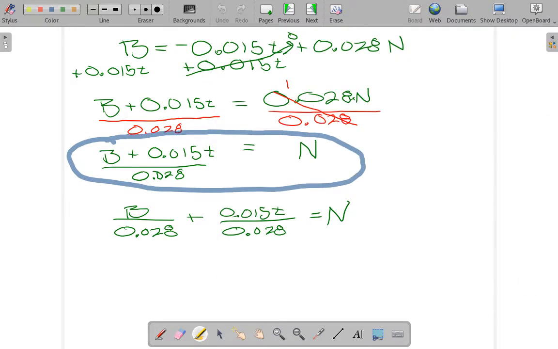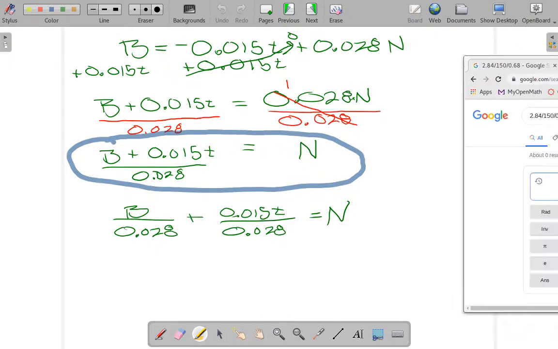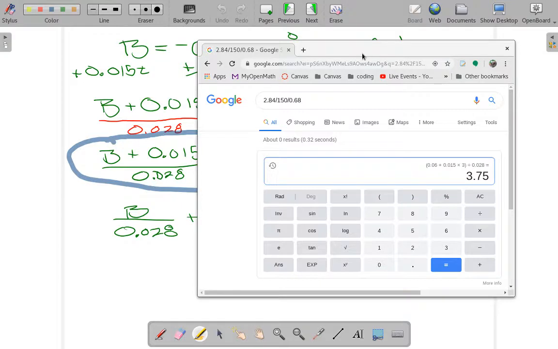So now I have a formula where somebody can say, hey, we are looking for a BAC of 0.03, and we're looking for 4 hours later, how many drinks might one have to have? And we just plug in and find the answer. So, for example, let's test that out. Parentheses for the numerator, 0.03 for the blood alcohol content, our constant of 0.015, and let's say we're going to go, I don't know, 4 hours later instead, and then divide by that 0.028.